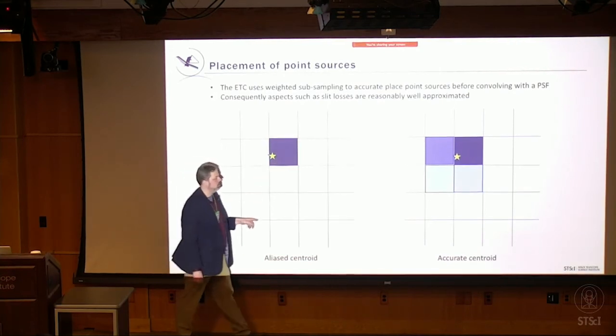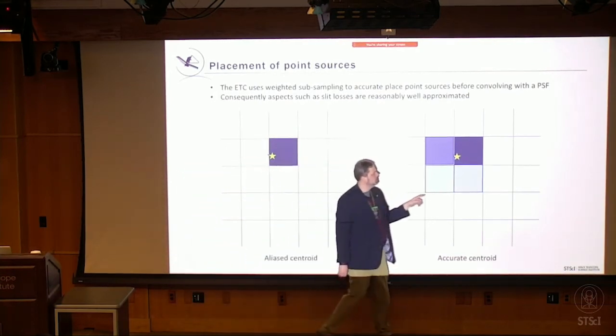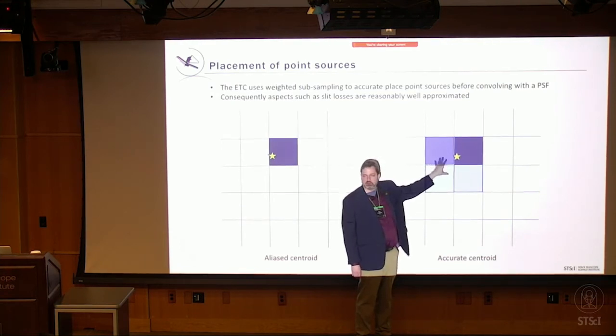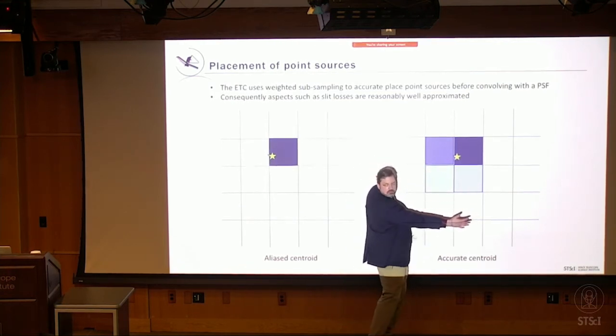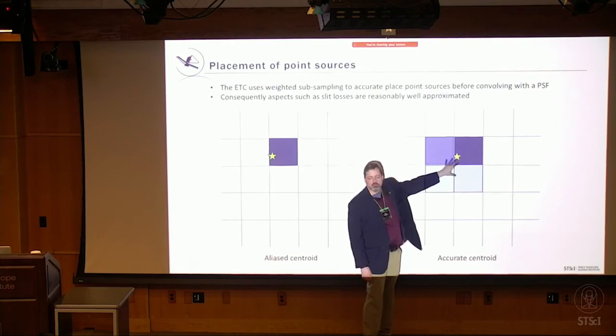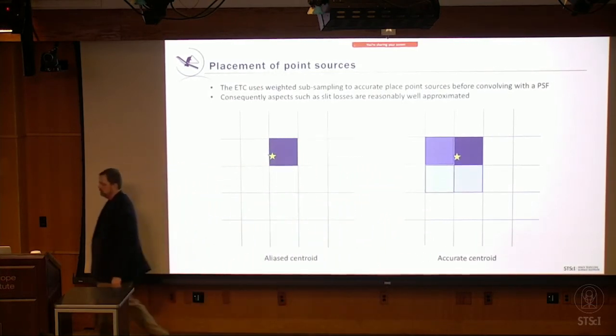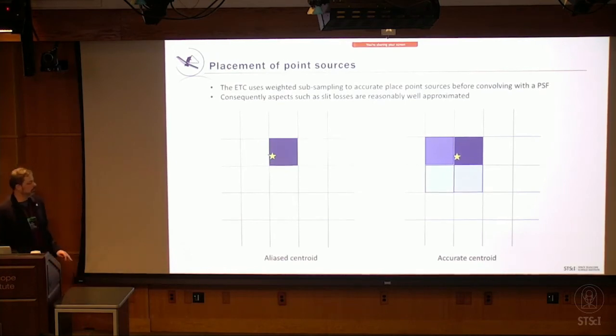So the way it's done is that you subdivide the signal into 4 different pixels, so that these 4 pixels together have the correct centroid. Then when you convolve it with the PSF, remember the PSF is much bigger than this subsampling, the centroid of that PSF is actually right, at least to within approximation.